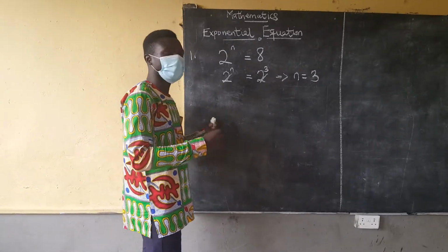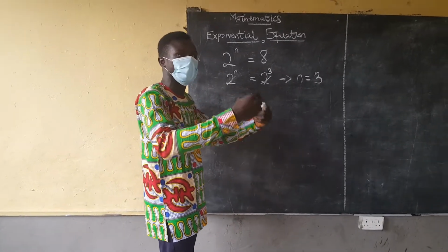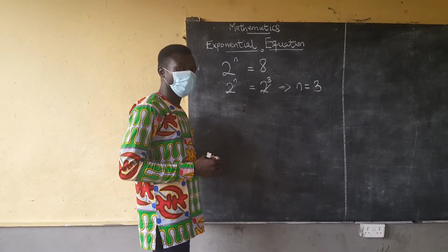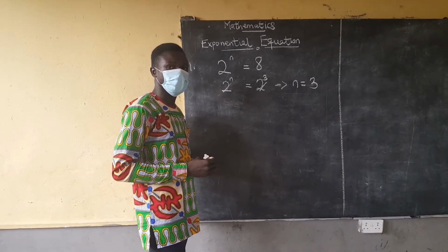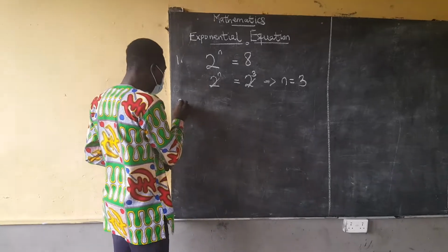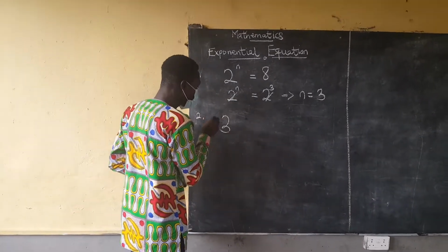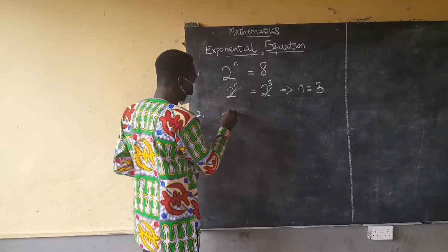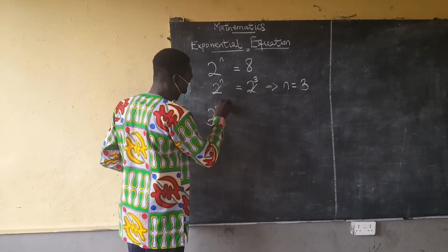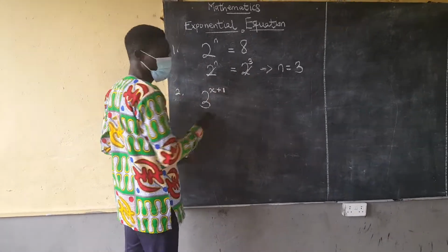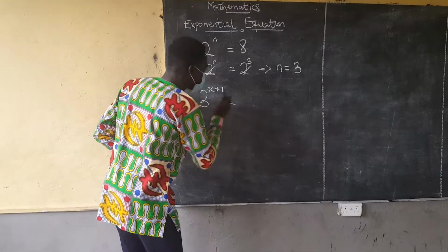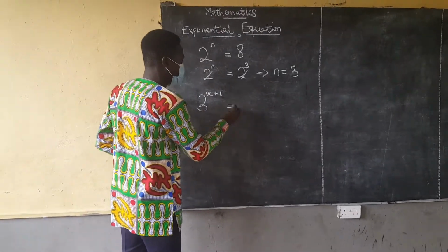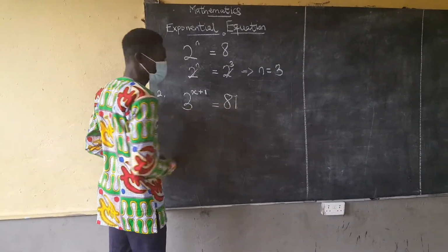Today we want to talk about the same thing, but we'll move forward in terms of this exponential equation. Now let's say we have 3 raised to the power x plus 1 is equal to 81.